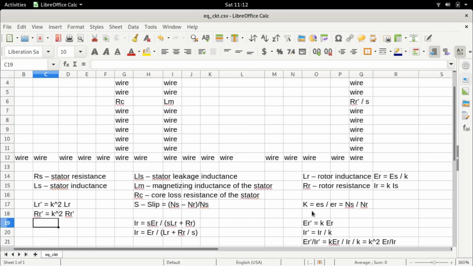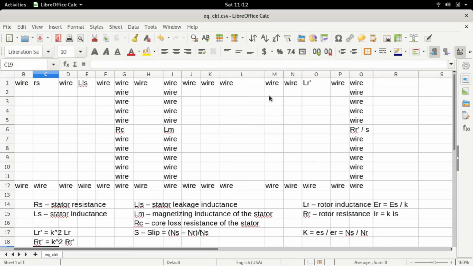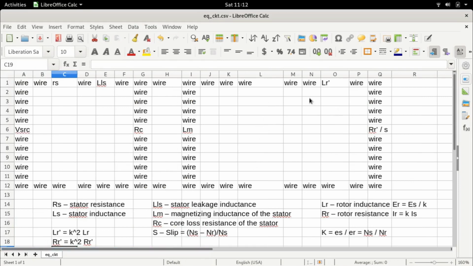And because of this definition of induced EMF, that is with respect to turns ratio, we can just get rid of these induced EMFs which we had defined here. So with this, we now have one single circuit that represents the induction motor. The entire circuit can be used to analyze as well as simulate induction motors, as will be seen very soon. Now, all of these parameters are referred to the stator and they are at 50 Hertz.